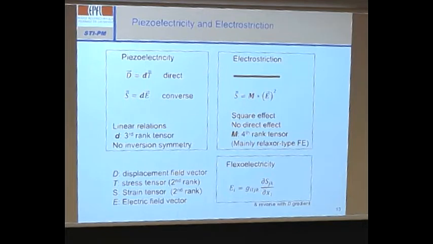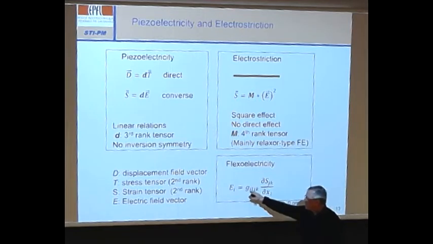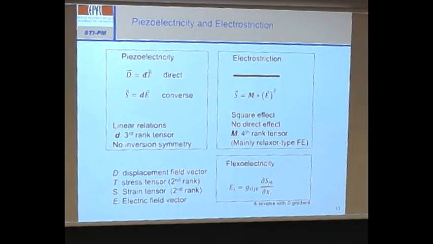And there is also what has been much discussed during the last 12 years or so: flexoelectricity. When you have a gradient in the material, you can also have some effects, which do not depend on the absence of inversion, because this is a fourth-rank tensor, and this is invariant under inversion. When you have an inversion, every component changes sign.